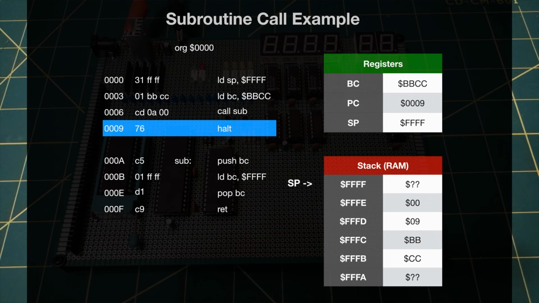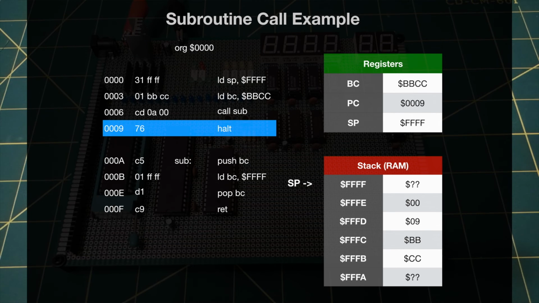You're effectively stopping the program counter. So you can see that even after I've executed the halt instruction, program counter is still loaded with 0009, so the next instruction to be executed would be this halt instruction again. That's just a side note, nothing really to do with subroutine calls.